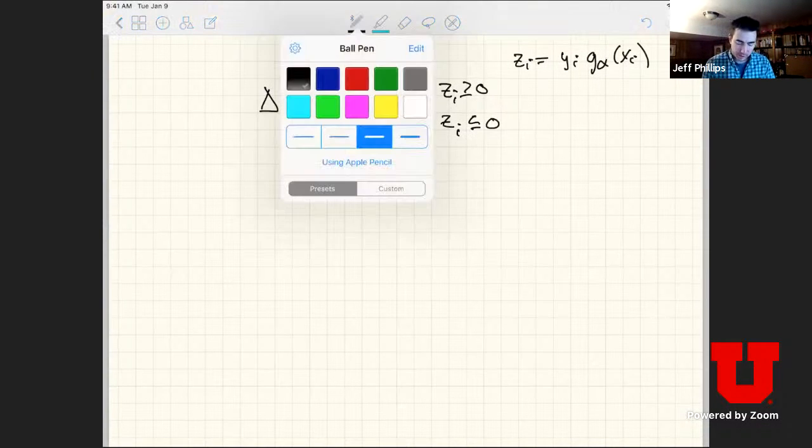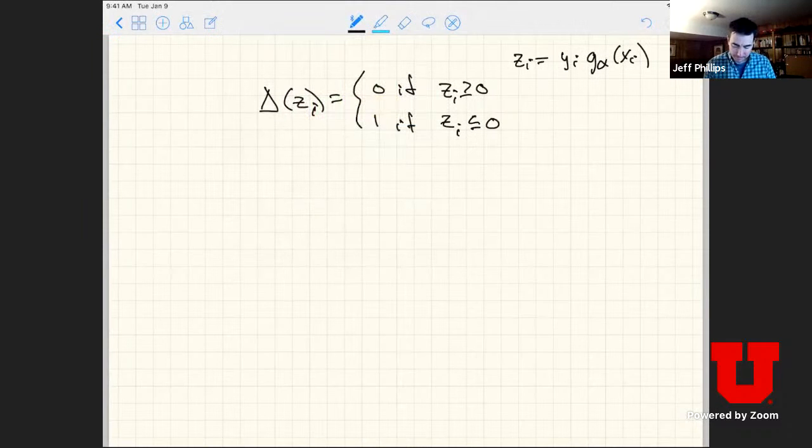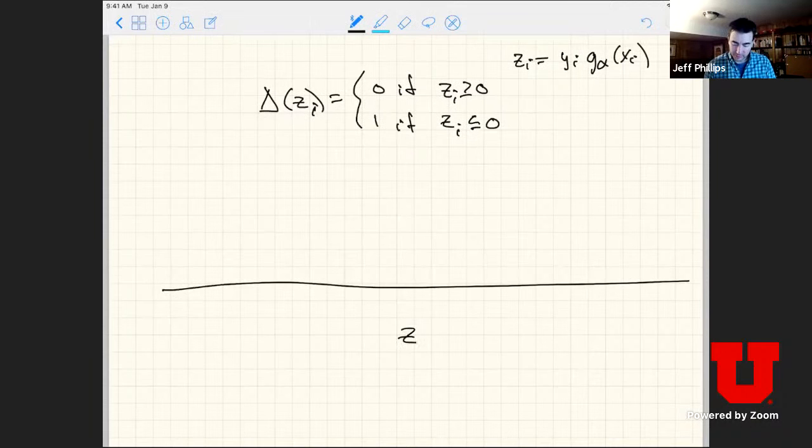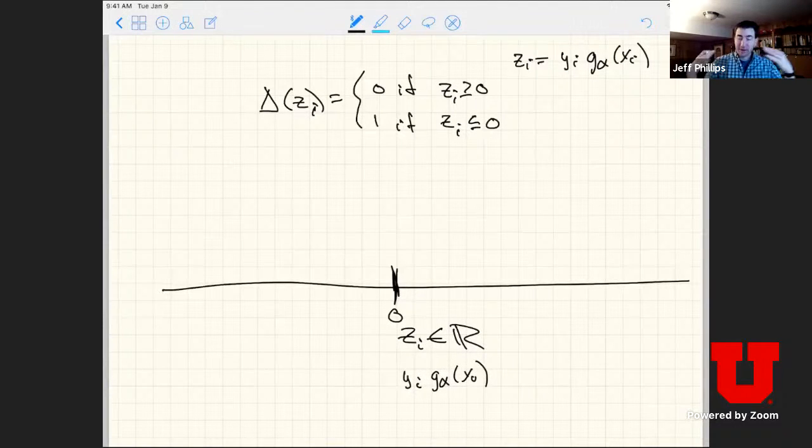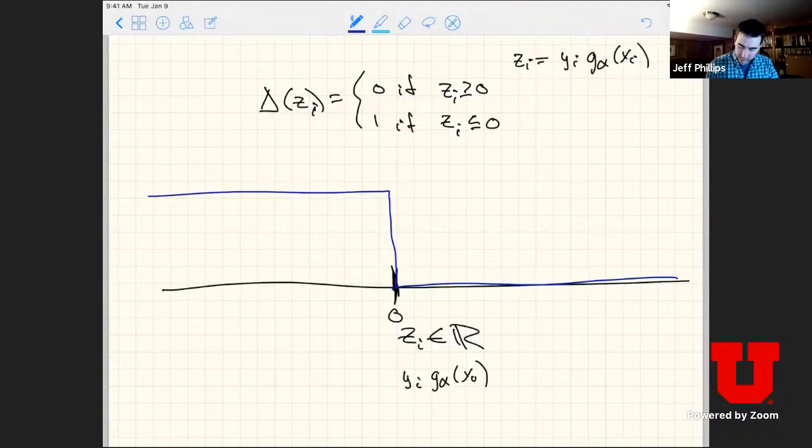And I can think about drawing a picture here. This is my z function, and there's this critical point at 0, right? So this is a real value. Remember, zi is yi g of alpha of xi, but now I can think about this as a single real value, and there's this important step function. Let me make this here in blue.